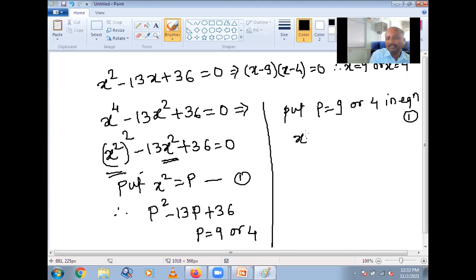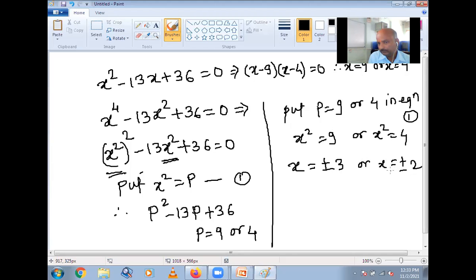Here you will get x square is equal to 9 or x square is equal to 4. And therefore, after taking the square root, you will get x is equal to plus minus 3 or x is equal to plus minus 2. Are you getting? Yes, sir.